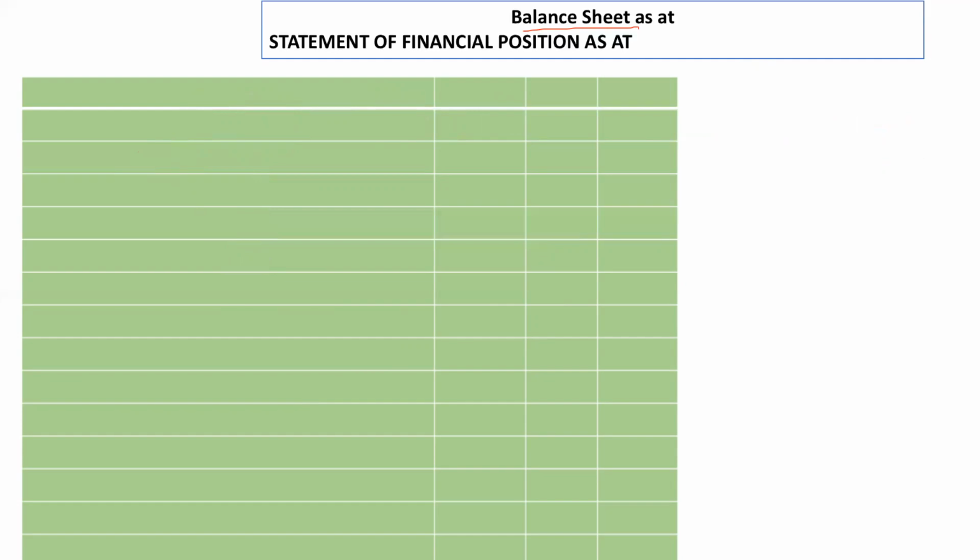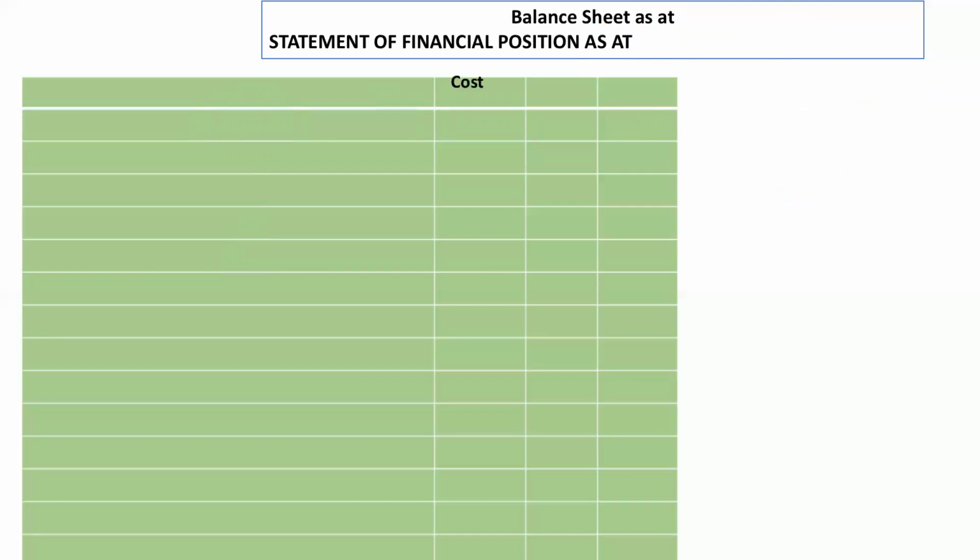This means that the balance sheet is a positional statement, and it is valid only for one day. So this balance sheet or the statement of financial position is prepared on the last date.